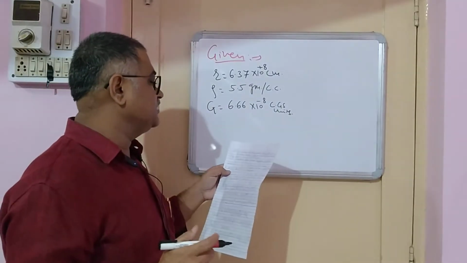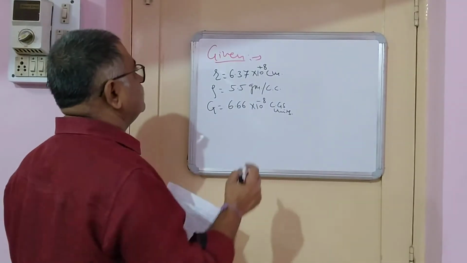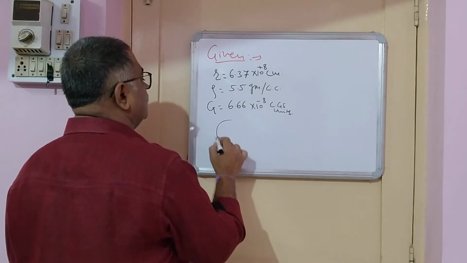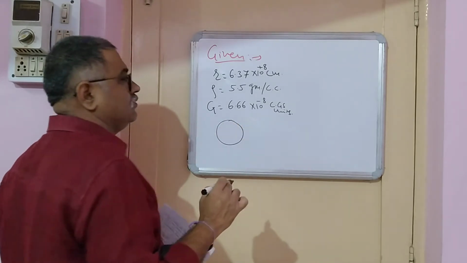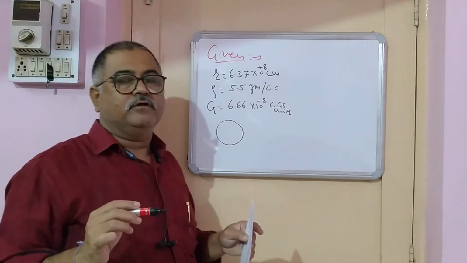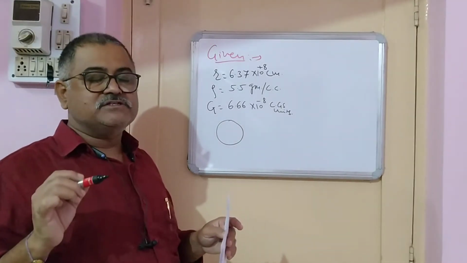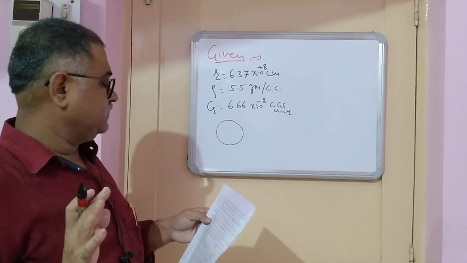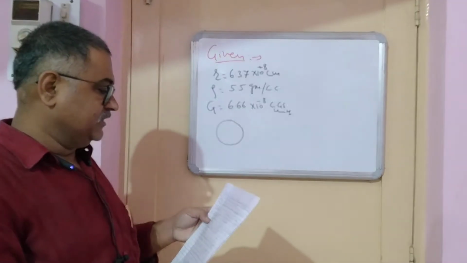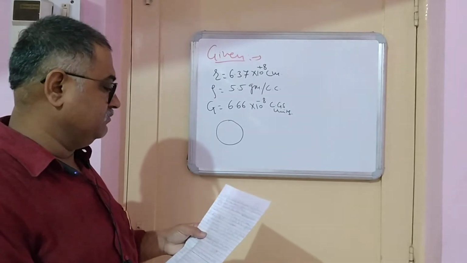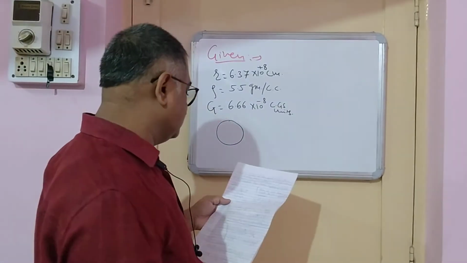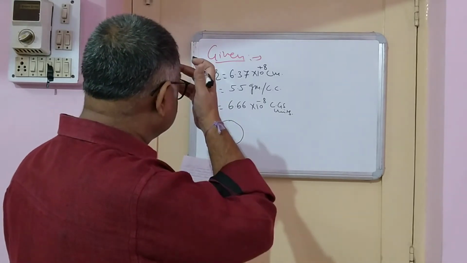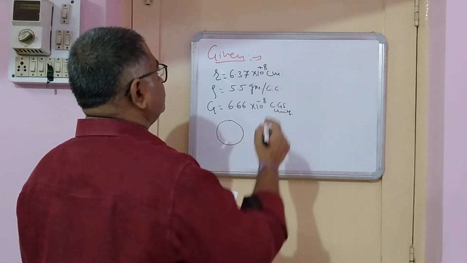Keep in mind, we are going to consider the Earth as a perfect sphere, and for that we have the formula for calculating the Earth's surface potential.